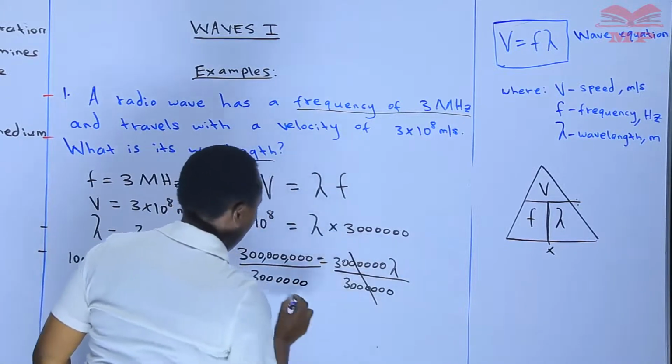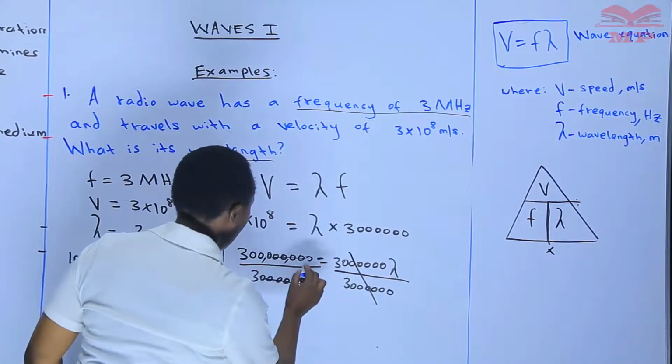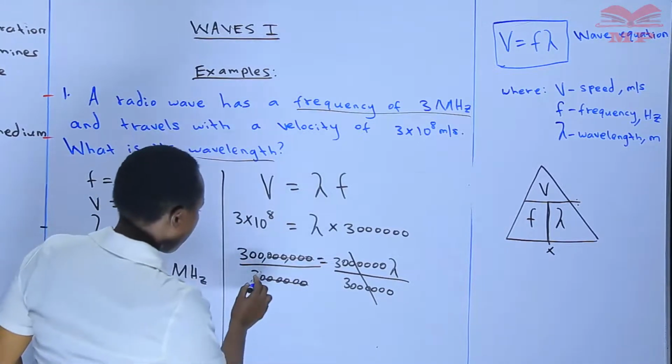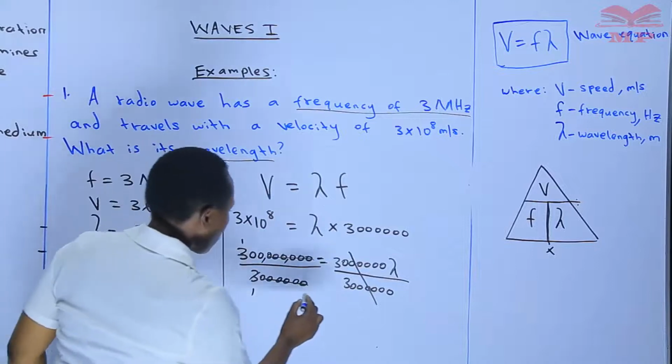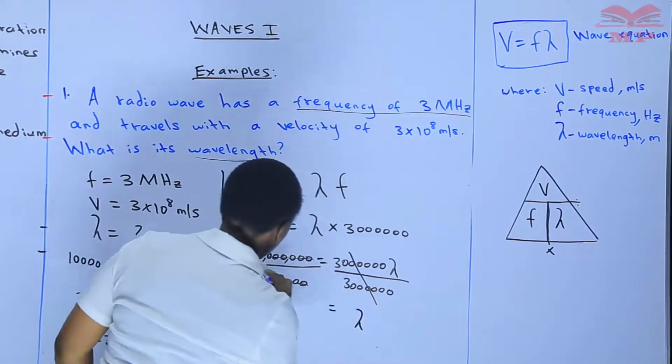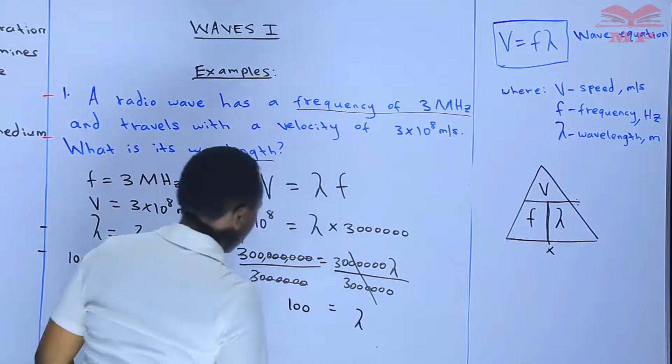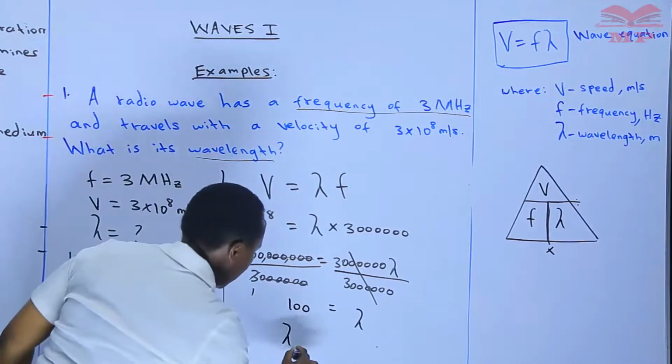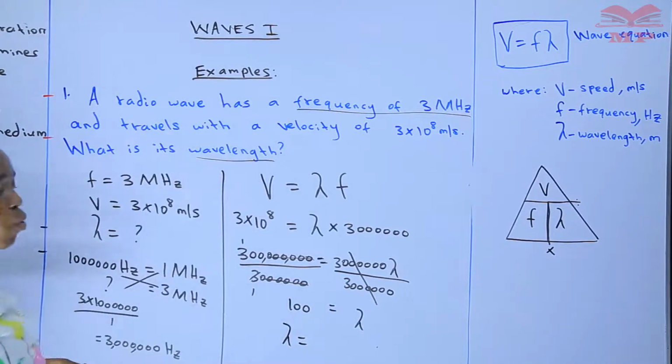The 6 zeros will cancel, and 3 by 3 is 1. So we end up getting our wavelength as 100.